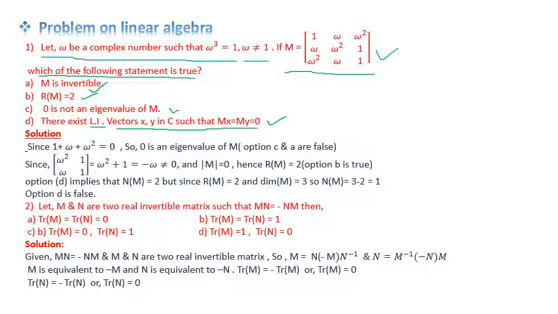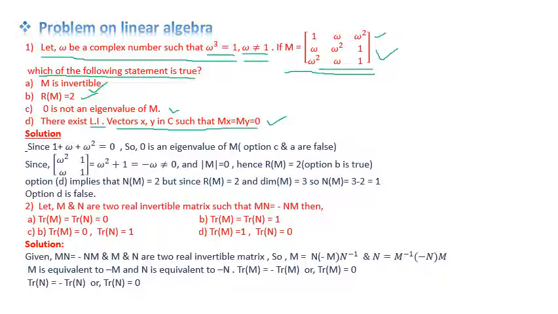So here as you can see that in this given matrix, the sum of each row will be 1 plus omega plus omega square, right? This is equal to 0. Why is it 0? As omega not equals to 1 and omega cube equals to 1.